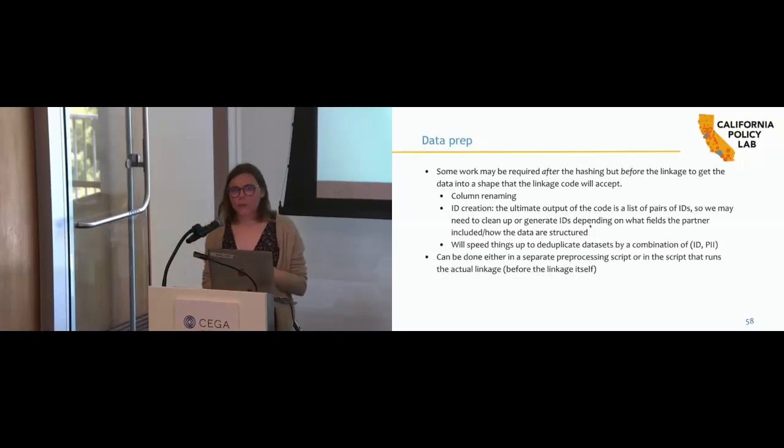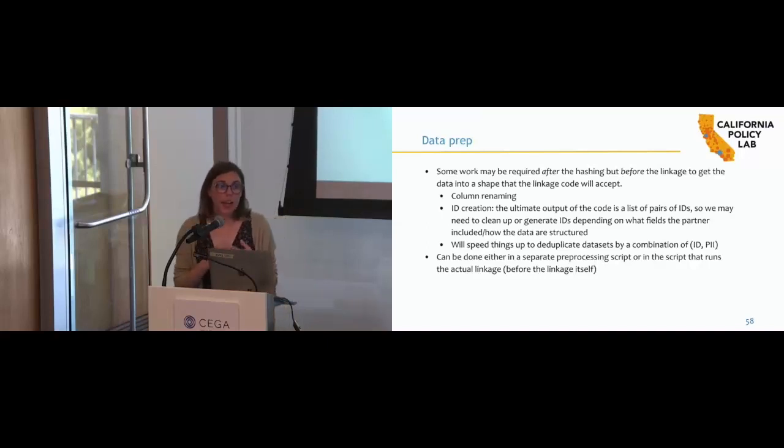And another important piece is that before actually linking, you need to prepare your data for this step. Some common steps you need to take are renaming the columns so that they're consistent across both data sets. And importantly, you'll need to have that ID from the crosswalk present in both data sets.